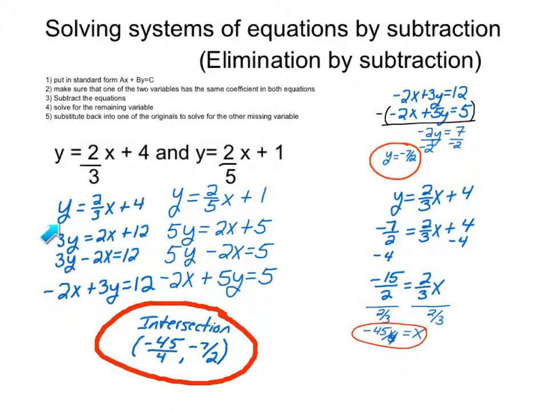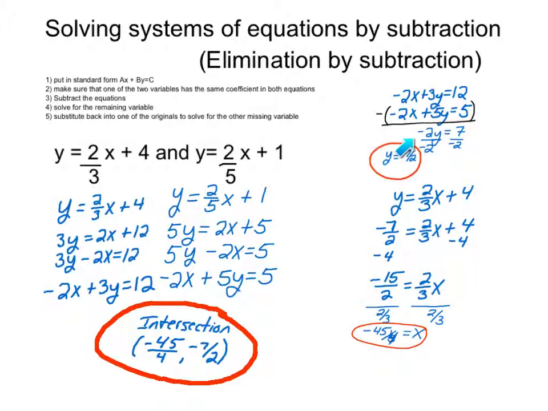We took each equation and put it into standard form. Once the equations were in standard form, we subtracted them because we had two like coefficients, exactly the same values.